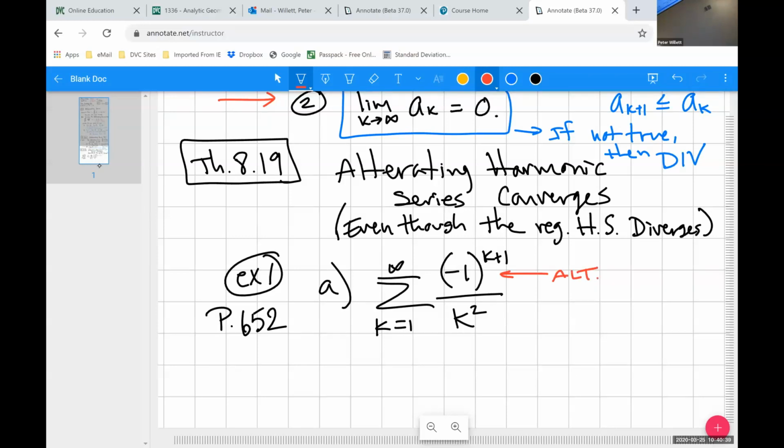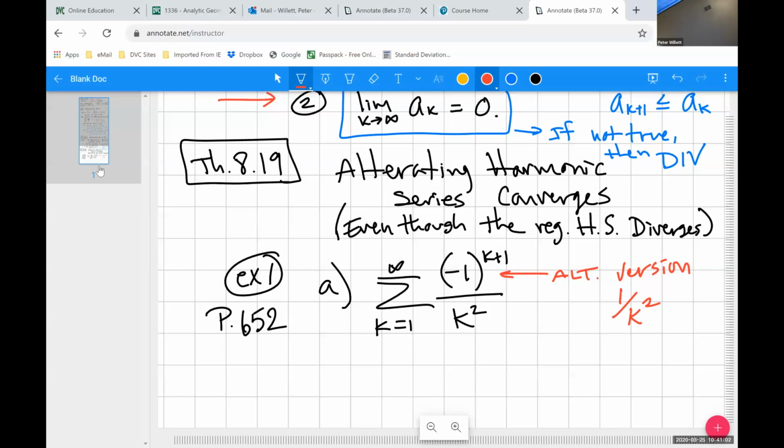And in particular, if that wasn't there, then we could see that this would just be 1 over k squared. So basically, this is the alternating version of the 1 over k squared series.